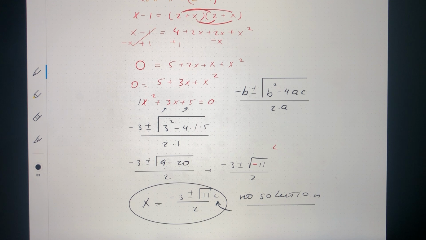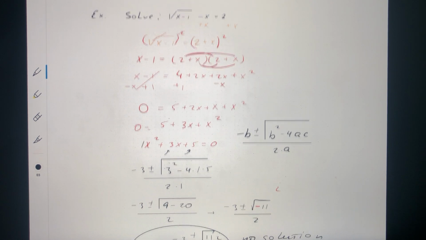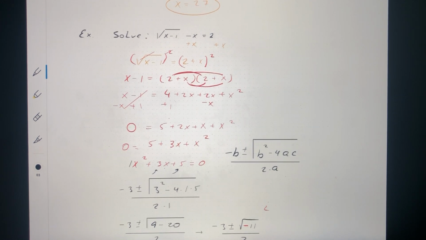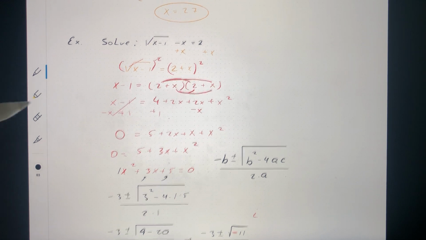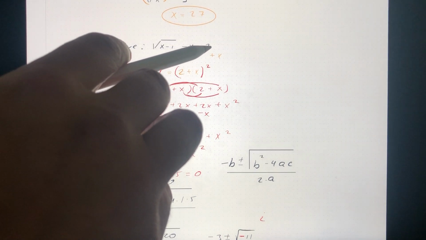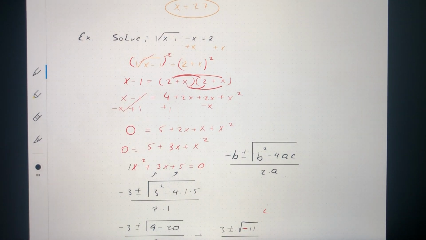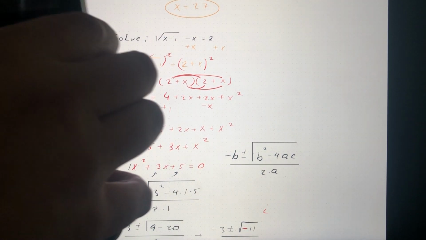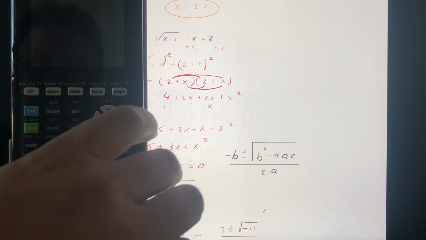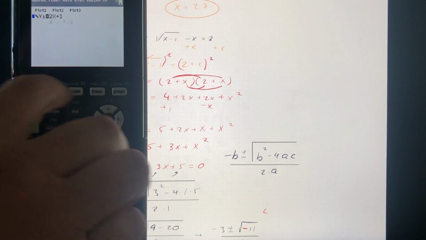We can also check that with a calculator and see if it actually makes sense. We are looking to see where the left side equals the right side, looking to see where these two curves cross. Let's make a picture of them and see what they look like. So here is the calculator.